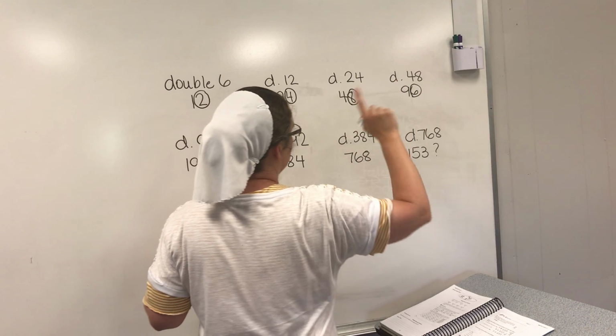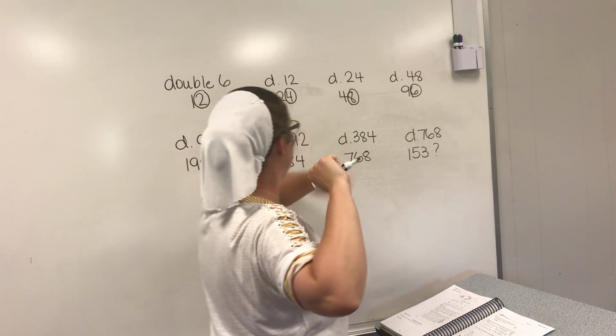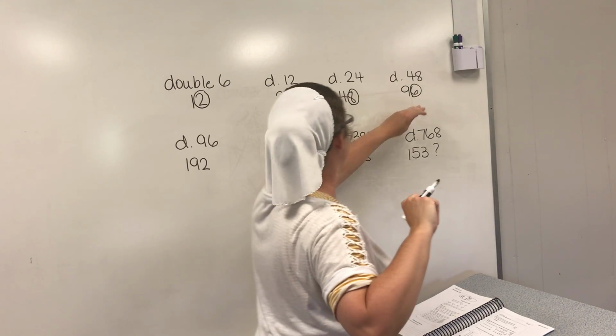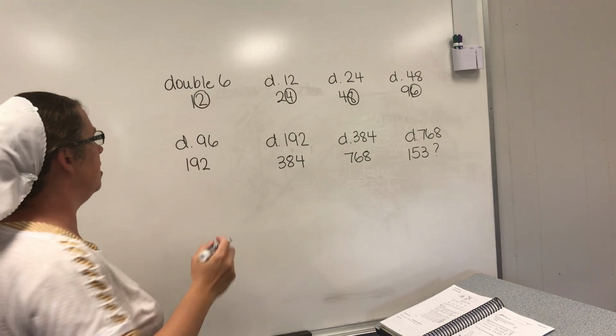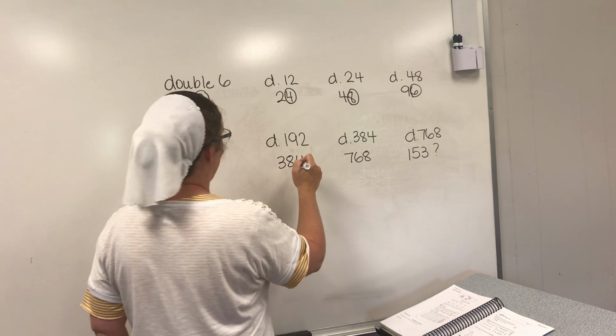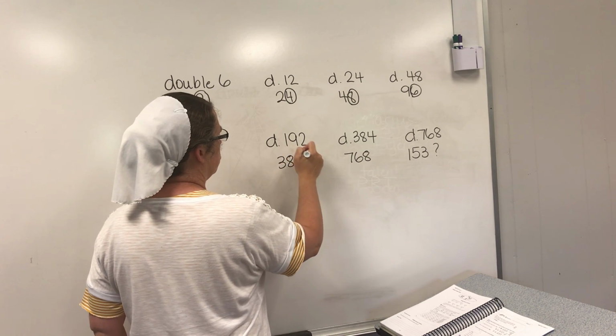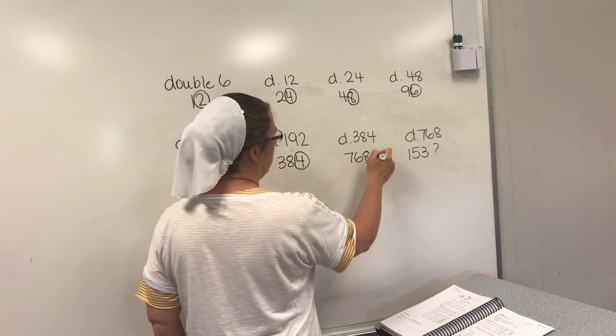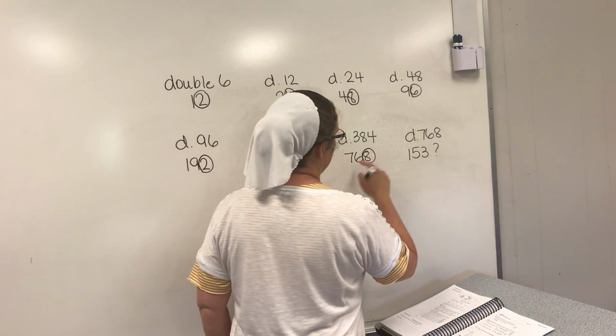All right, so now let's look at double 96. Here was a double 48 was 96. Double 96 is back to a 2. A double 192 is 384, you're back to a 4. Double 384, here's an 8.